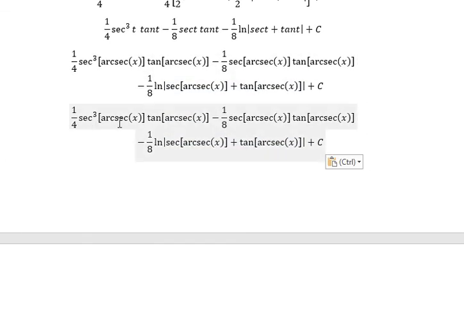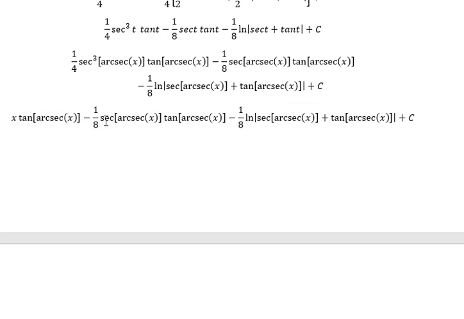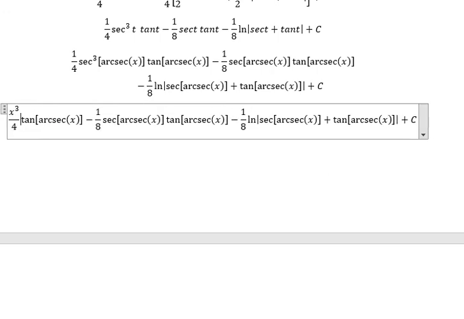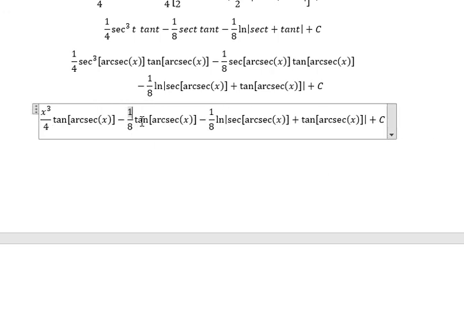We know that secant of arcsecant of s, you get s to the power of 3 over 4. Similar for this one, you get s, and this one too.